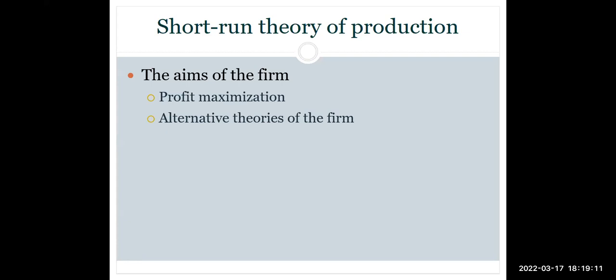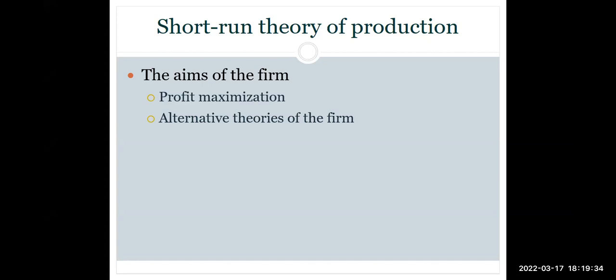There are also other aims that are defined in modern economics. Say, for example, firms are now supposed to be good citizens of society. They also have to play a role in the development and growth of society, in making society safer, greener, and cleaner.